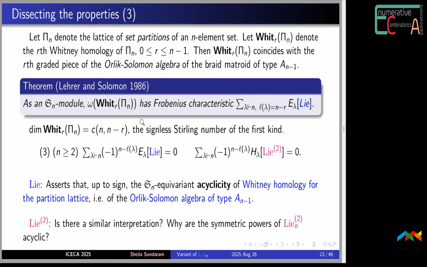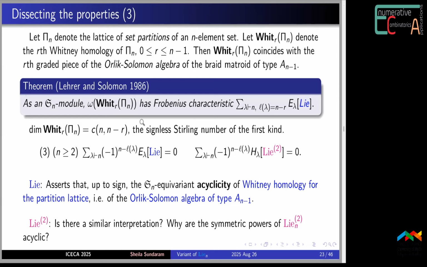Okay, and the last property said that the sum of all the E_lambda of Lie's was this symmetric function 2 e_2 h_1^{n-2}. So for Lie, this is saying that up to sign, if you take the full Orlik-Solomon algebra, or the total Whitney homology of Pi_n, what you get is twice a permutation module.